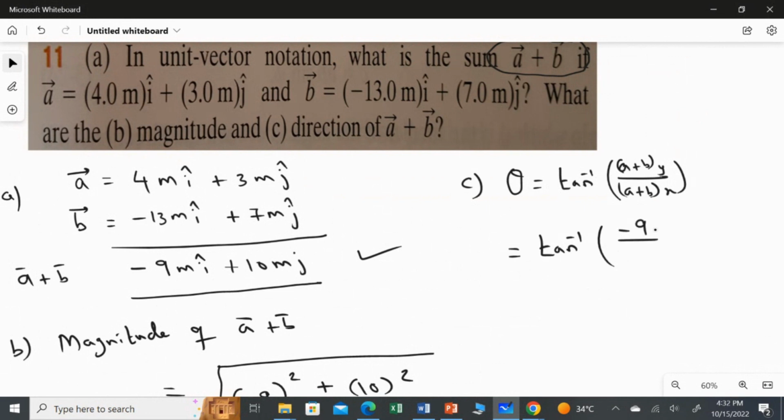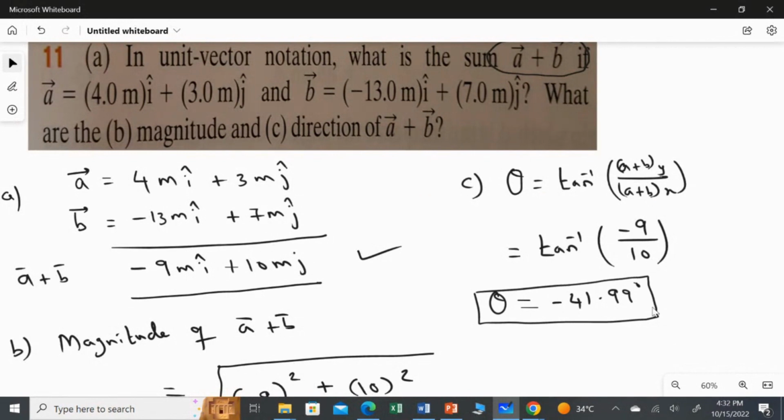Minus 9. What is the x component of A plus B? 10. So what's the answer? Tan inverse of minus 9 over 10, which is minus 41.99 degree. This is the answer. Clear? So this is the answer for the second question.